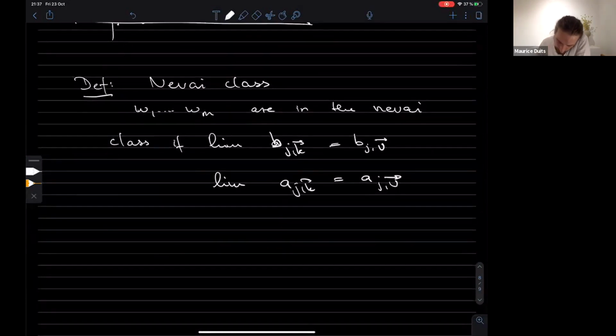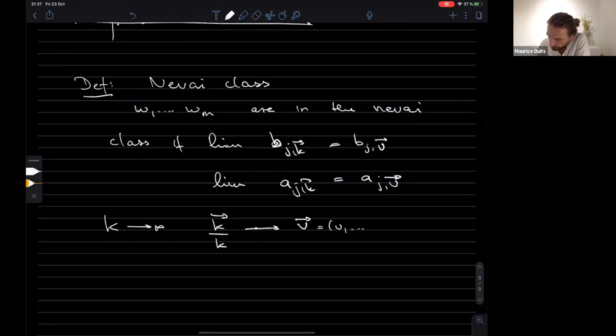And the limit is when k goes to infinity, but the vector k over |k| goes to ν. So this is ν_1 to ν_m, which is a vector in [0,1]^m, right?